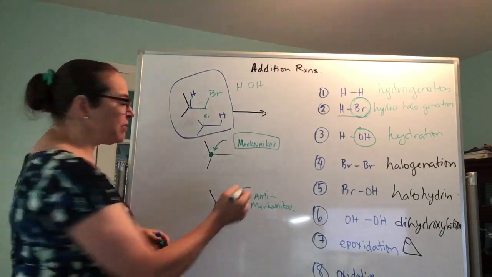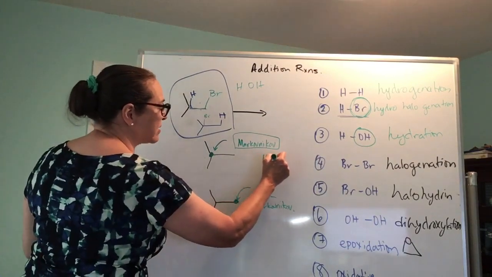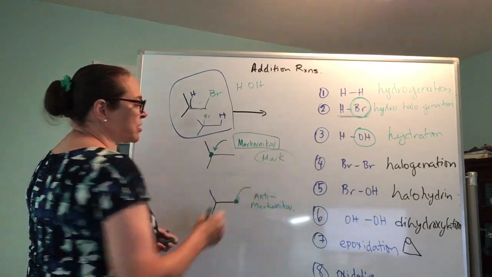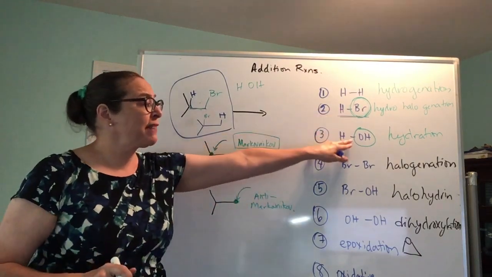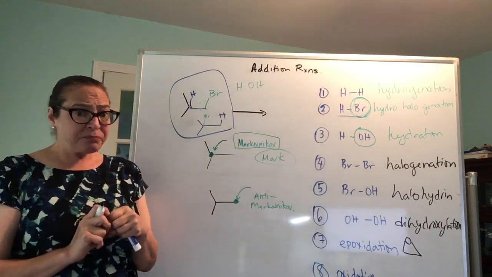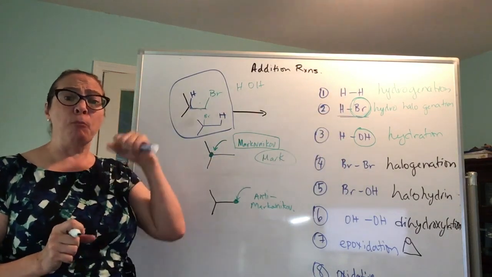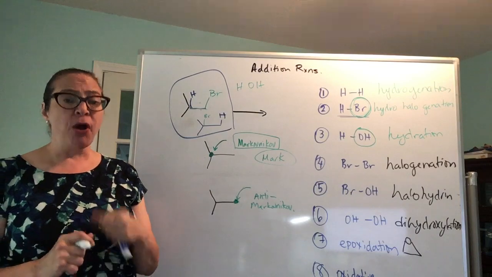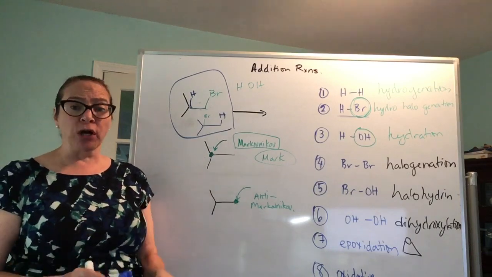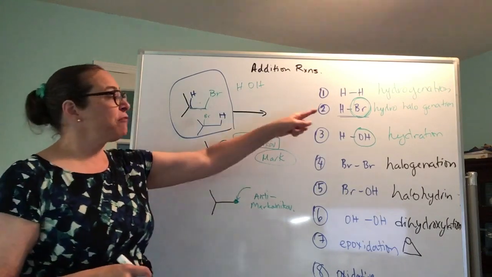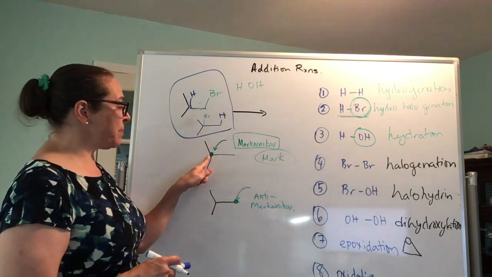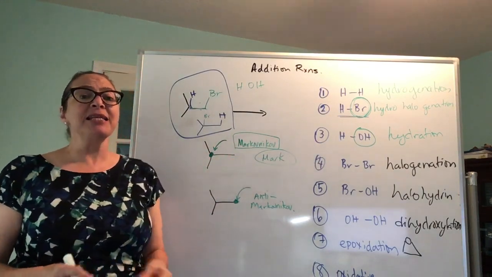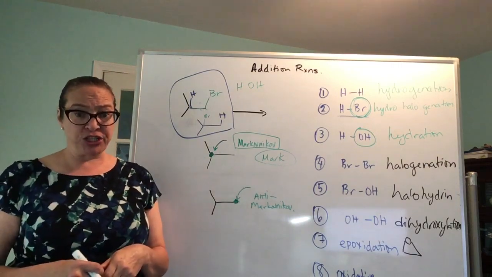We normally abbreviate it as Mark just to make it small and for us to remember it a little bit more. If the thing that is being added goes to the more substituted position, we refer to that as a Mark addition. So if my bromine ends up at this position, if my OH ends up at this position, it is a Markovnikov addition.